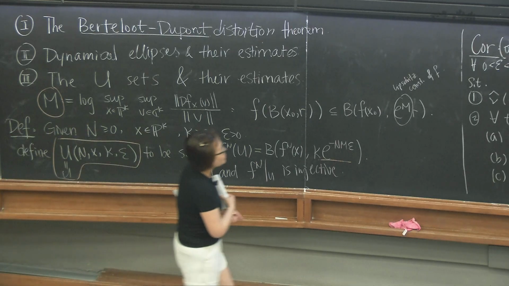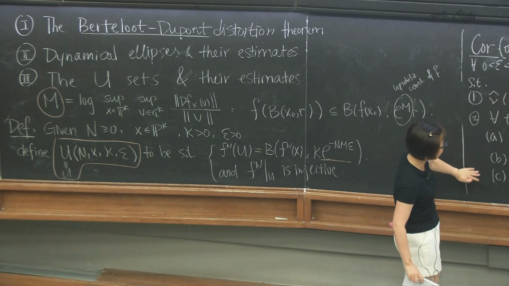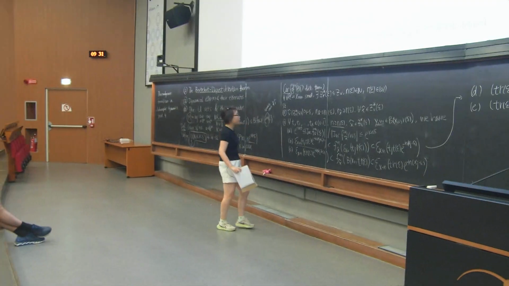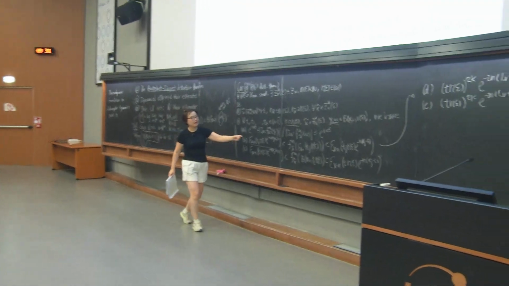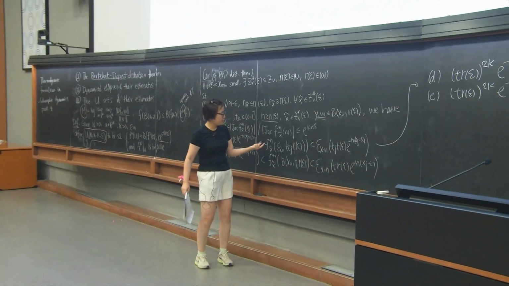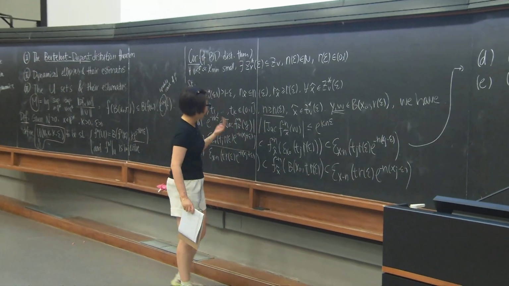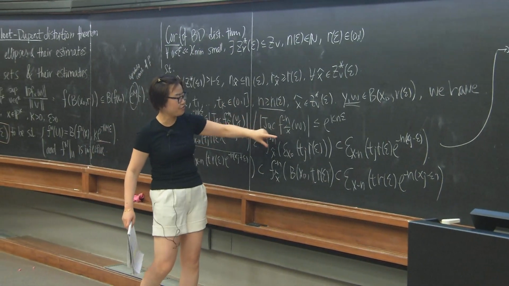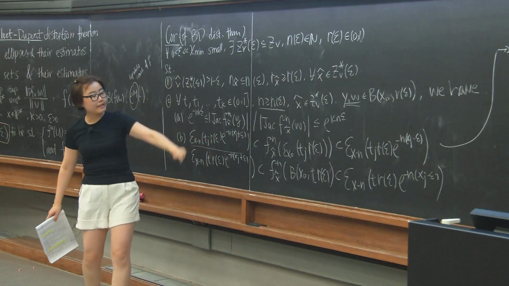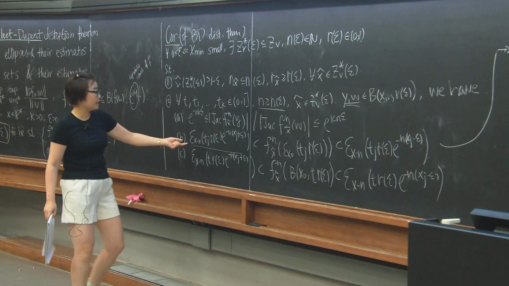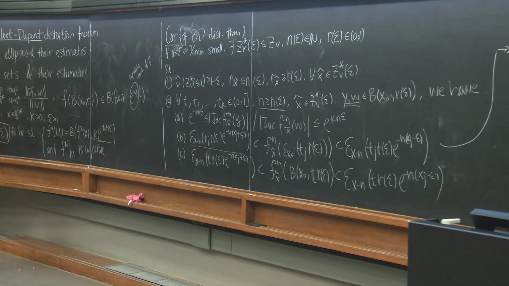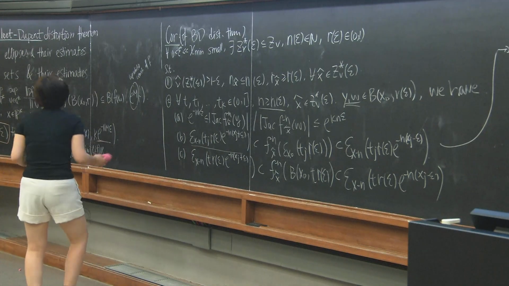So I'm gonna write down another bunch like this, except some of this will become U, okay? So in particular, we want to say the nth iterate, the backward of U, you look at the nth preimage of U, is going to be contained in a dynamical ellipse, and also it contains a dynamical ellipse, right? So that's how you can estimate what is the volume of these sets. Okay, so let me just erase this corollary.